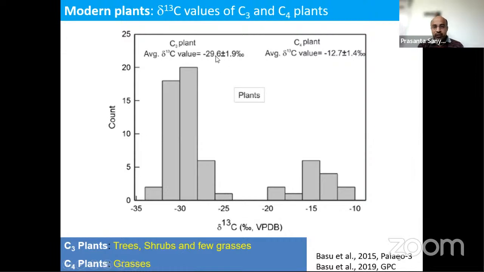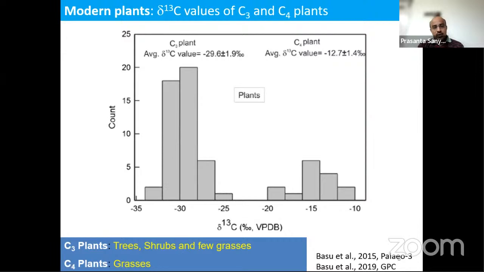Here I would like to mention that the carbon isotopic composition of the C3 plants we observe here is actually 2 per mil lower compared to the global average, which probably suggests that once you try to reconstruct past climate for a particular area, it is important to consider the regional character imbibed in the plants. As you can see here, the C3 plant is 2 per mil lower compared to the global average.